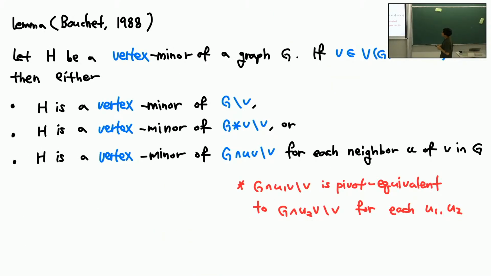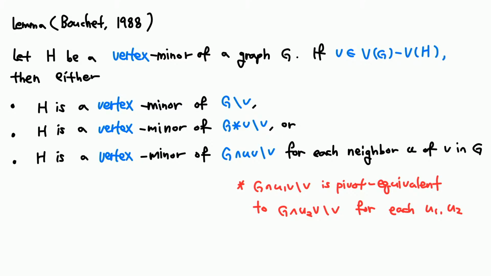Here is a lemma, which was first proved by Fouché in 1988. This lemma says that if H is a vertex-minor of graph G, then for each vertex in V(G) minus V(H), at least one of three vertex-minor operations that remove v preserves H as a vertex-minor.